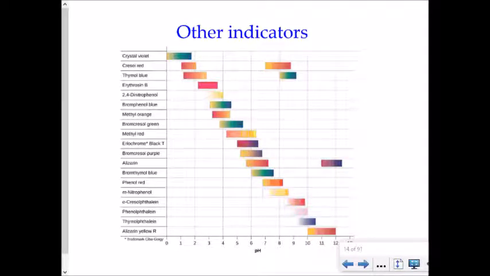So if we're looking here at something like this cresolphthalein, this one's clear, and then it goes into the hot pink, but it's changing right around 9. This one's at the lower end of the pH scale, the cresol red.